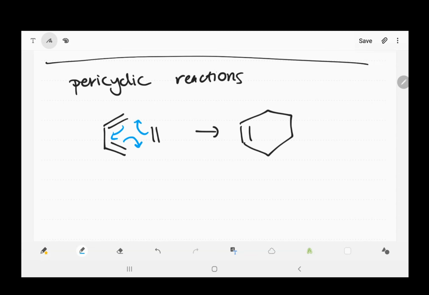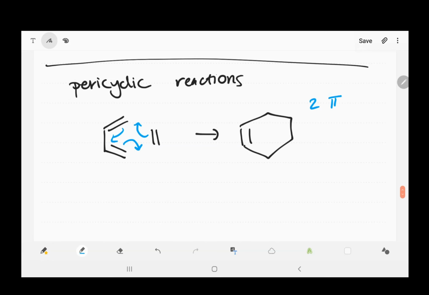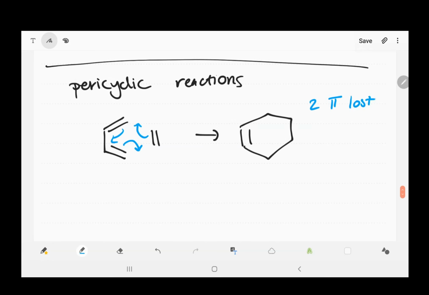We will lose 2 pi bonds, and we're going to make 2 sigma bonds here. This class of reactions is called cycloadditions, which we're going to study first. So these are reactions that will end up causing us to lose 2 pi bonds, but in the process we gain 2 sigma bonds.